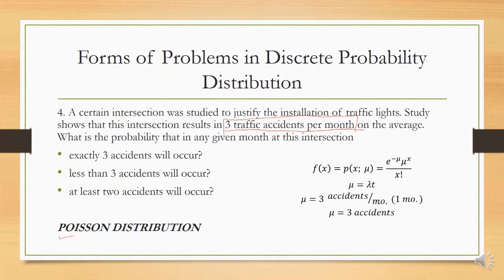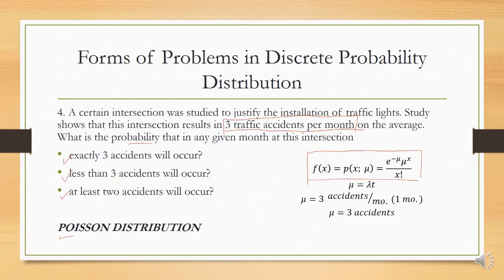What is the probability that in any given month at this intersection, exactly 3 accidents will occur, less than 3 accidents will occur, and at least 2 accidents will occur? This is the formula for the Poisson distribution.